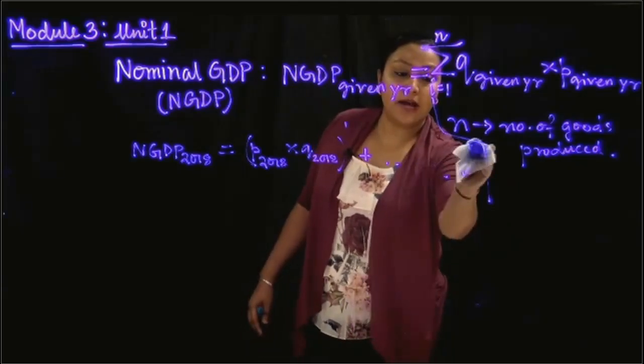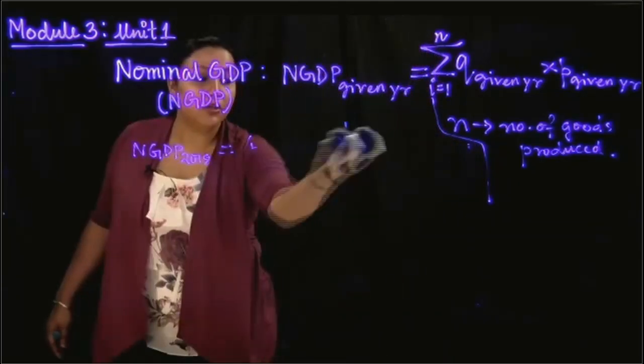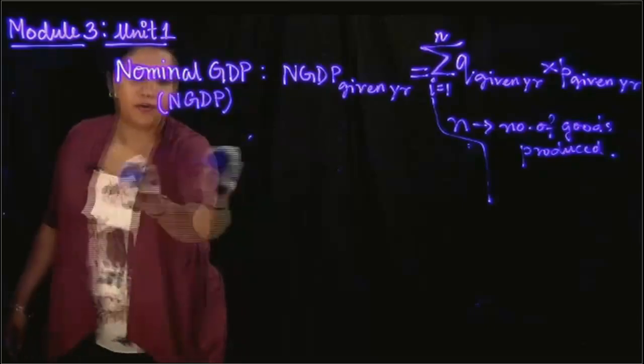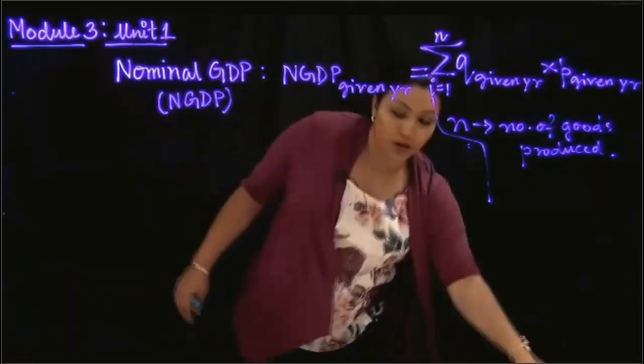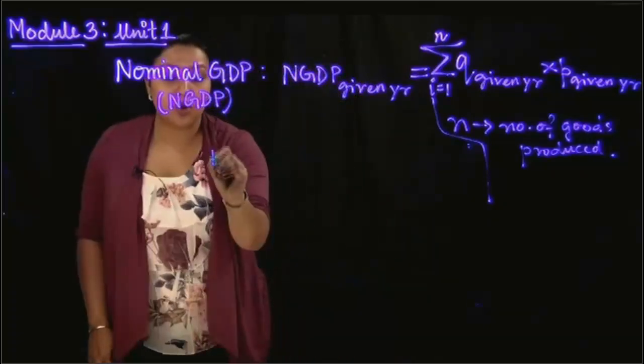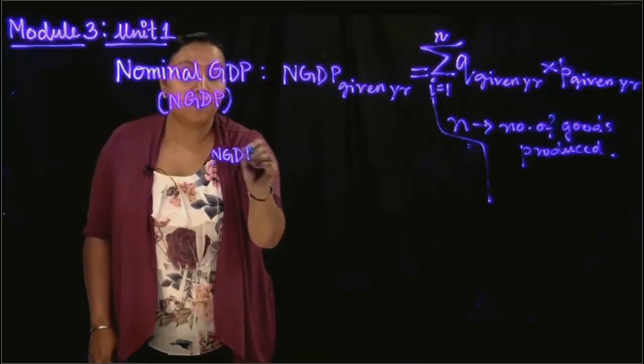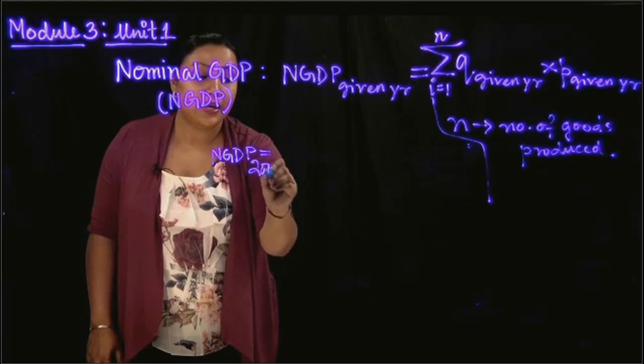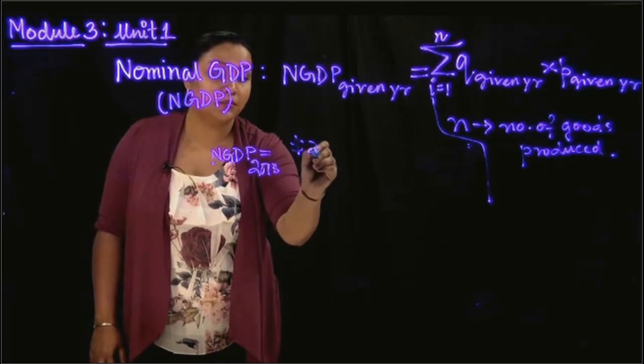Now please understand what is the problem with this nominal GDP. Let's try to understand that for a minute. Let's say the nominal GDP of 2018 is $200.